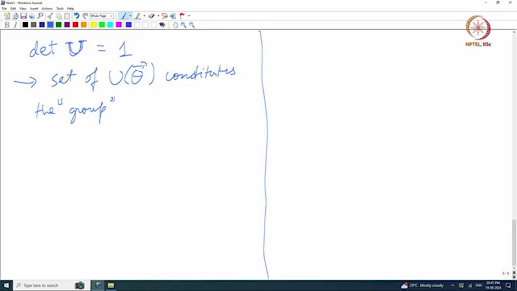That set is a group, but group is also a technical term, and that group is called SU2 in this case, where S literally stands for special. So this is a special unitary group of dimension 2, okay, good.